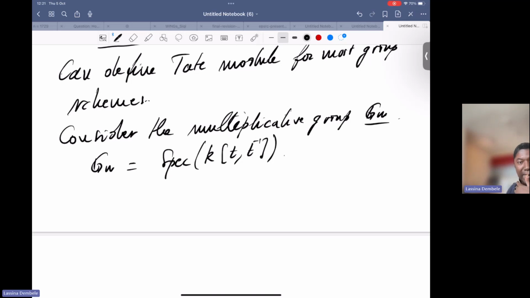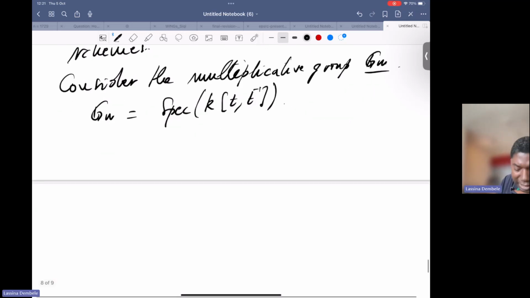And so what are the torsion subgroups of G_m?